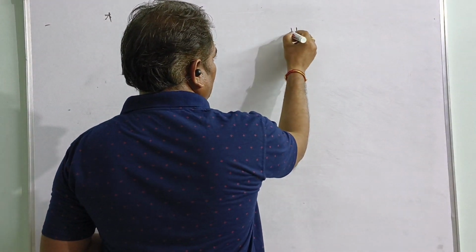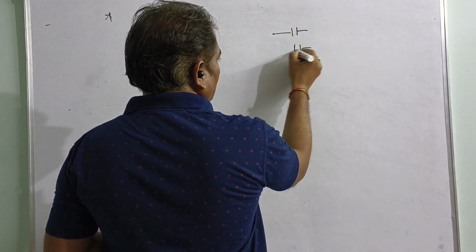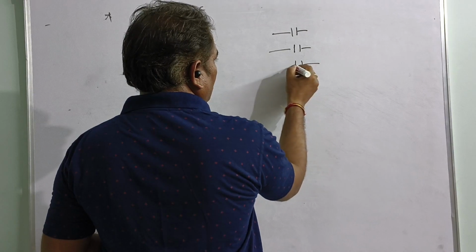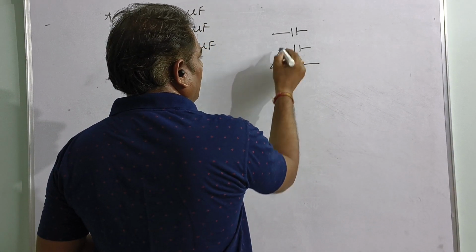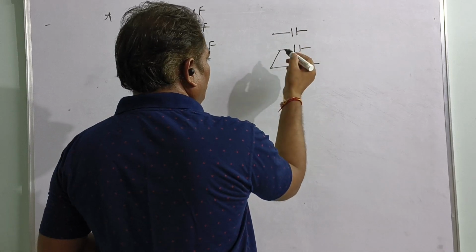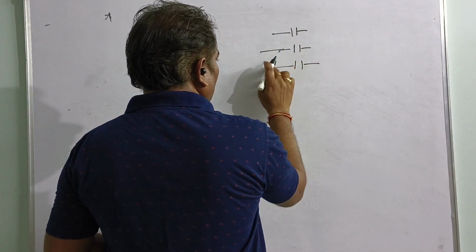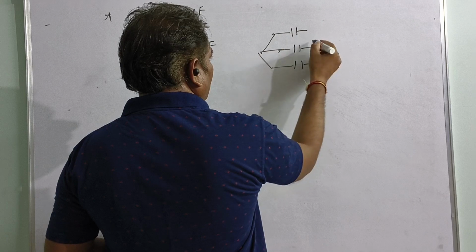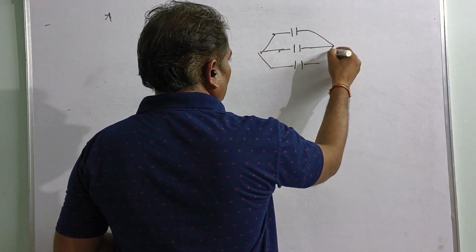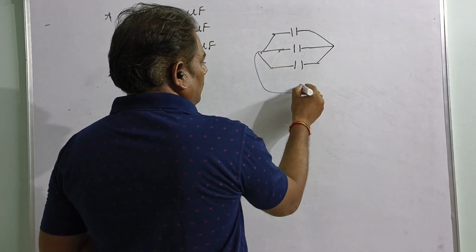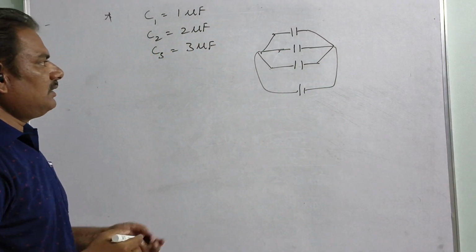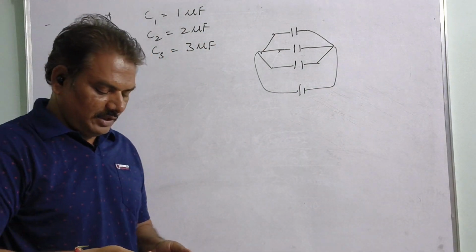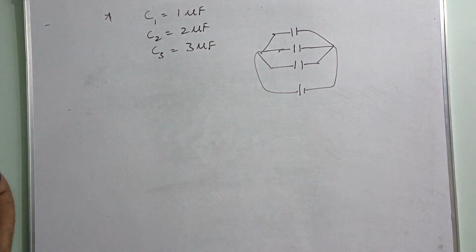This is the capacitor and this is the capacitor and this is the capacitor. These three capacitors are connected in parallel by a battery.